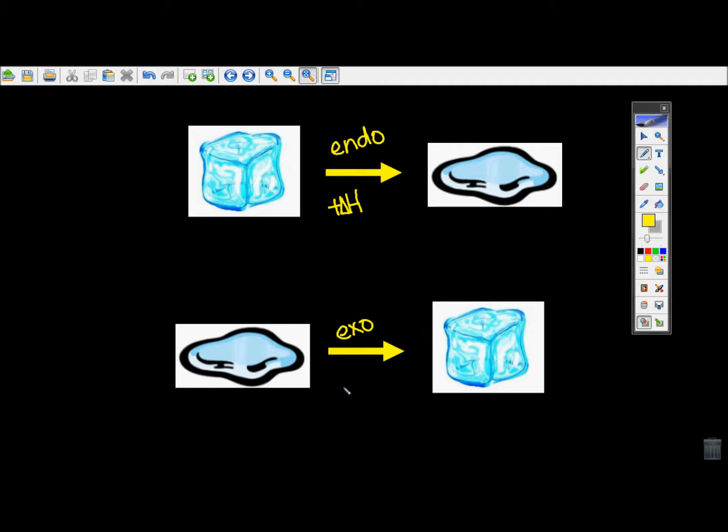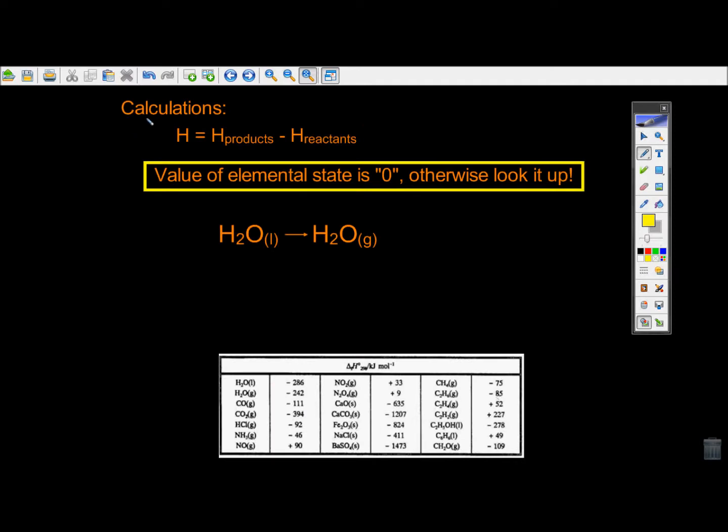So if it's exothermic, we're going to have a negative delta H.